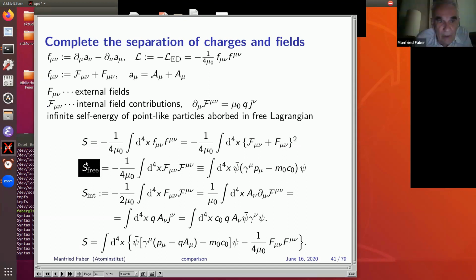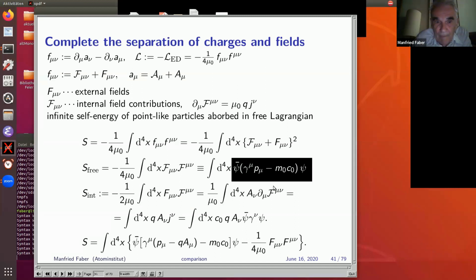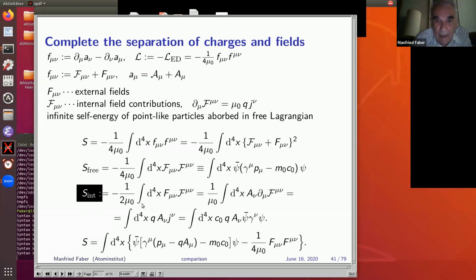Yes. Okay. So I try to separate the action, having two terms for F mu: an external field and an internal field. And in this way, I get the free action, which I defined before. Then I have the interaction term, which gives you the two contributions of F mu.